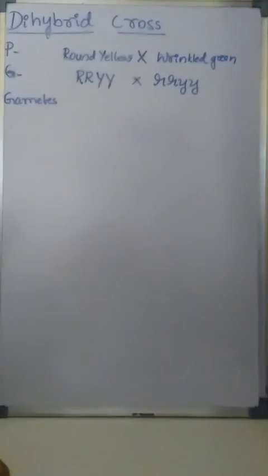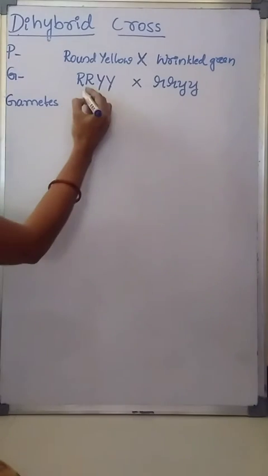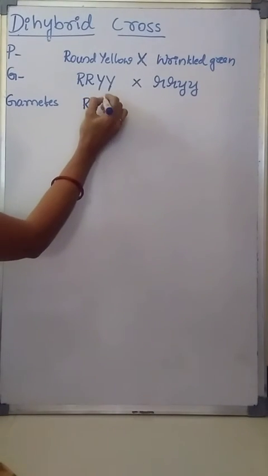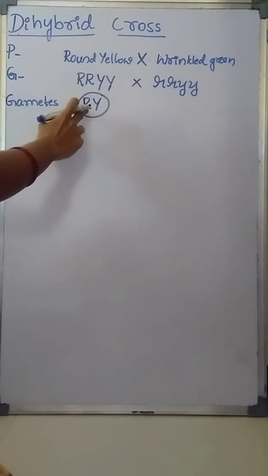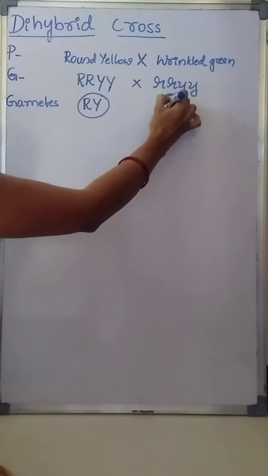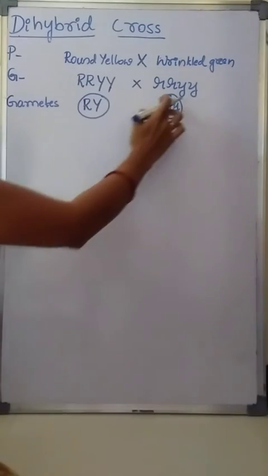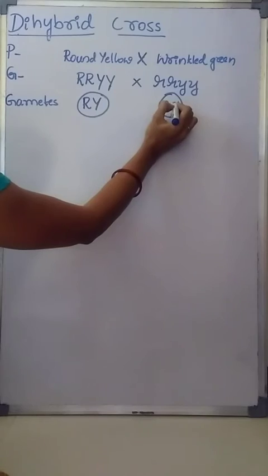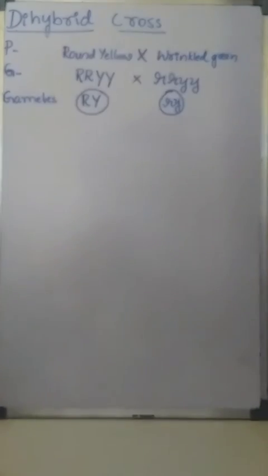This pea plant, the dominant one, produces gametes having dominant alleles, capital R, capital Y, whereas the gametes produced by the other, recessive plant will be small r, small y.